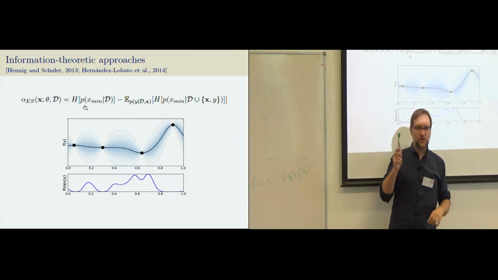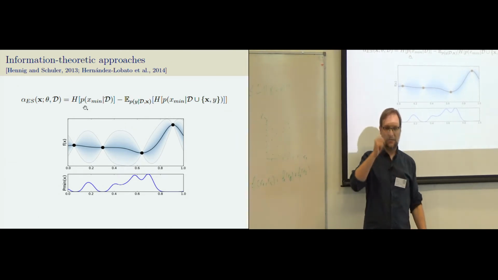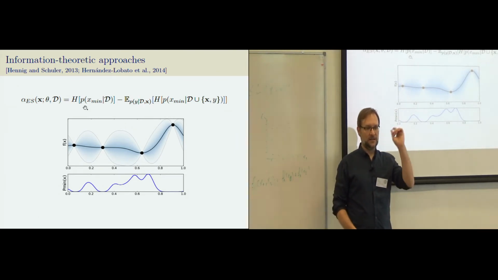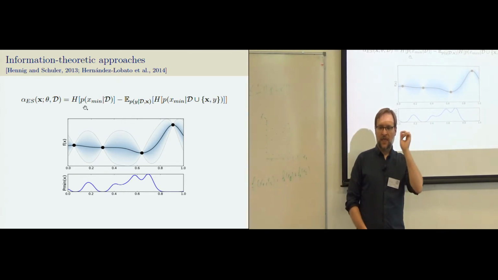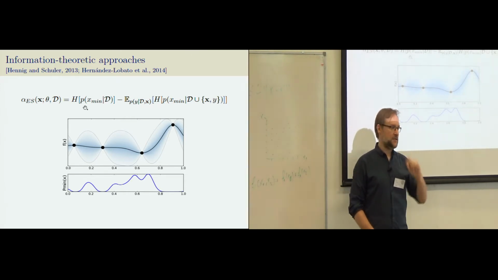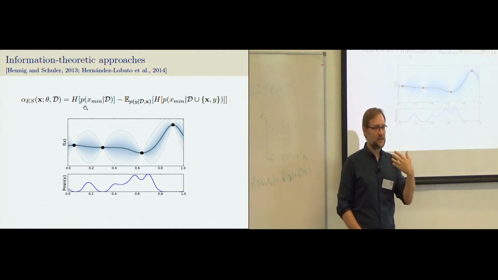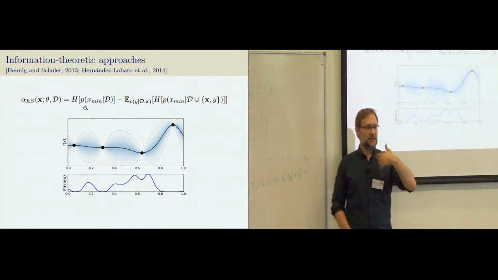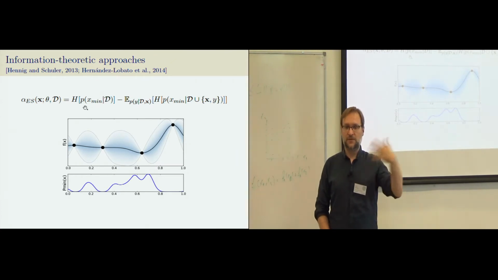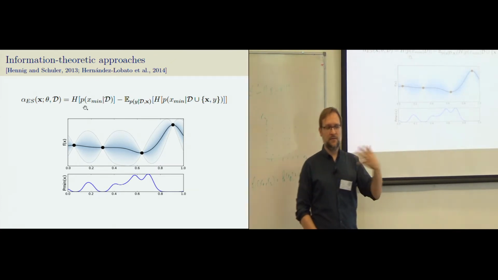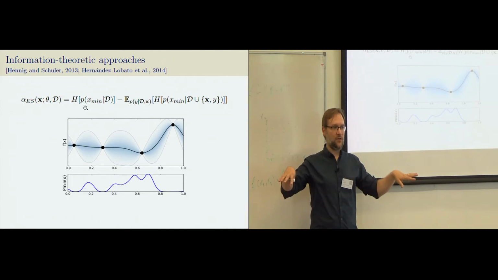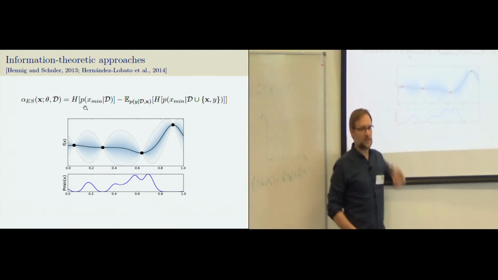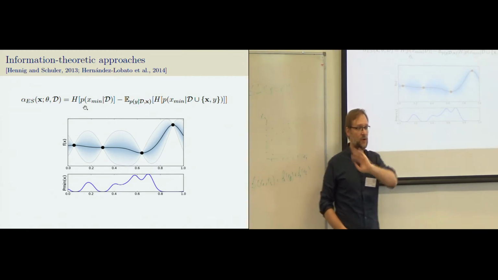Interestingly, when you do Thompson sampling, when you generate a sample from the GP and you get the optimum, that is a sample from the distribution over the minimum, right? So something you can do is, if you can generate many samples from the GP using Thompson sampling, you optimize them all, you already have an approximation of the distribution over the minimum that you can use to compute this acquisition function, which is what we did in our experiment, right?